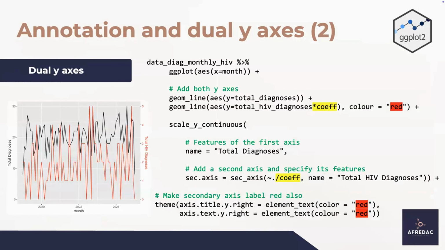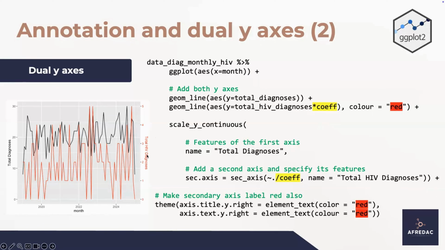We also talked last time about dual y-axes. There is a sort of danger with dual y-axes in that you have to make sure you're interpreting them with caution because they're both on the same graph. They might look like they're on the same scale, but we saw a little trick to modify the scale that these axes are on. We said we could multiply one number by a particular coefficient and then divide that axis scale by that same coefficient.